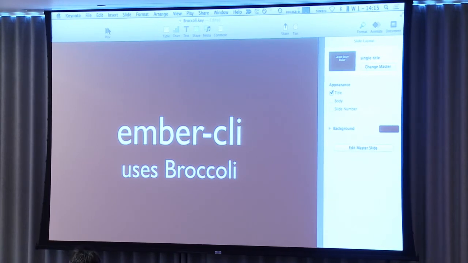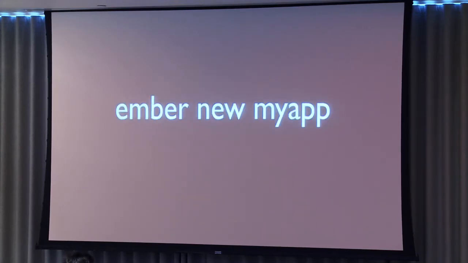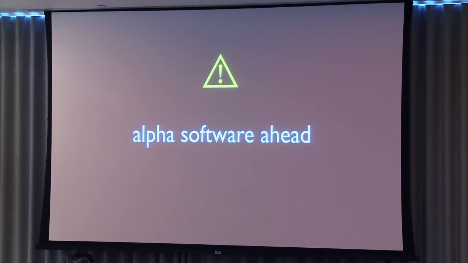So maybe in the future we can have something like Angular CLI or React CLI. And just as a warning, Ember CLI is very much alpha. Many things are changing, and some things that it uses under the hood, like JavaScript ES6 modules, are still in draft and might change. But I know some people who are using it for production apps, so that's very cool.